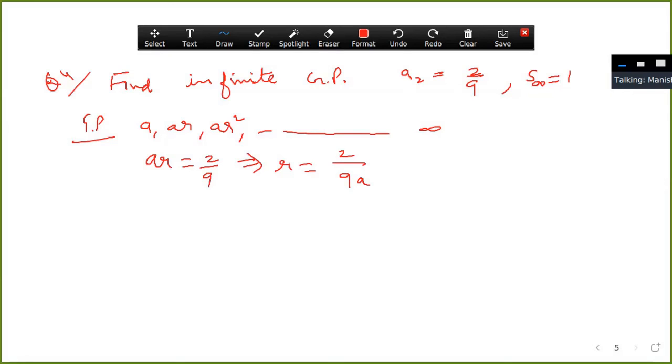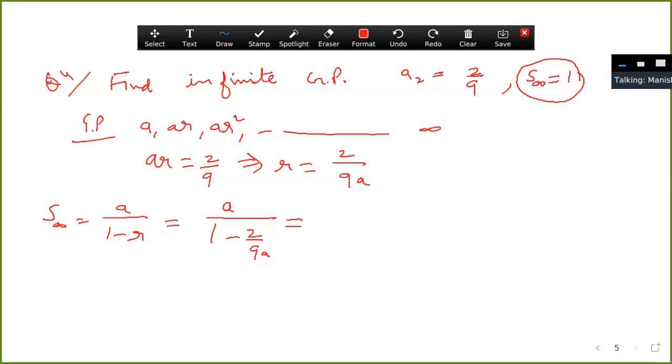Now what is the S infinity formula? S infinity formula is a upon 1 minus r. a is as it is a and r is 1 minus 2 upon 9a. And this statement S infinity is given to you, it is equal to 1. It means you have to put this equal to 1.